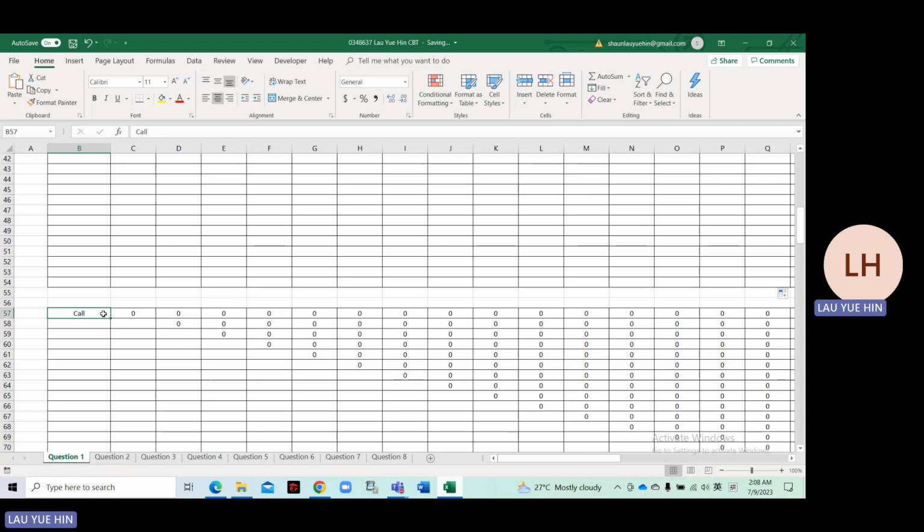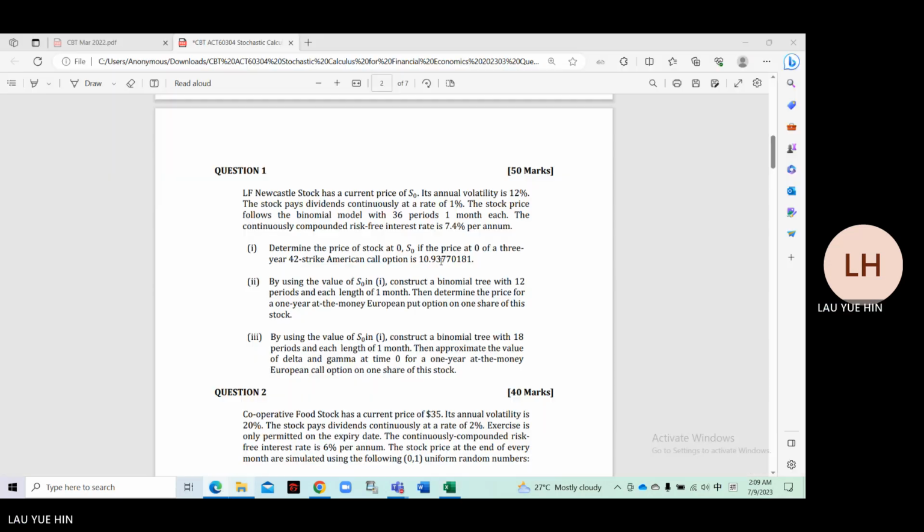And the question asks us to find the value of S0, and it is given that the call option is 10.93770181.